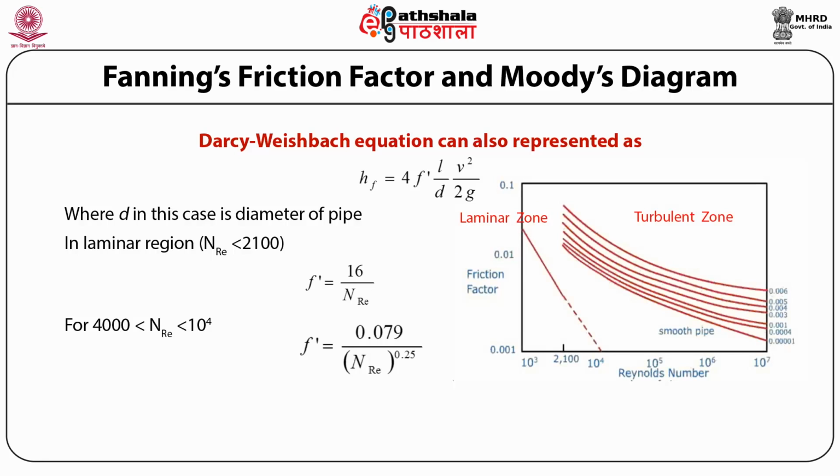The graph showing the relationship of Fanning's friction factor with Reynolds number and relative roughness is called Moody's diagram.